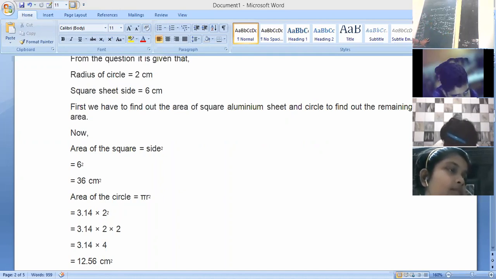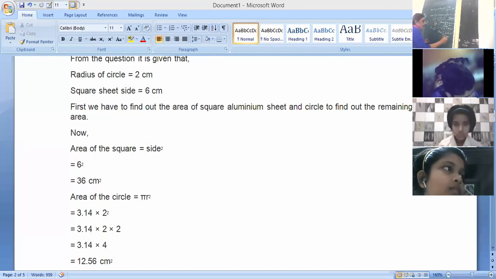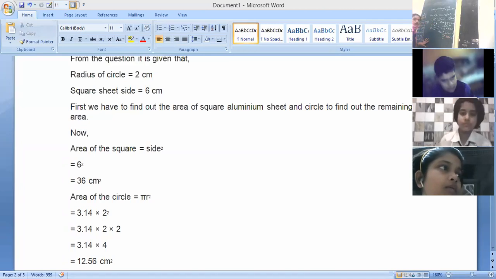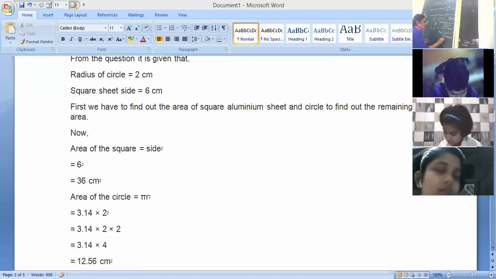The value of pi is given 3.14. So 3.14 and radius is 2 centimeter. So we'll be writing 2 into 2 because this is r square. So 3.14 multiply 2 into 2, that is 3.14 multiply 4. Multiply it. How much will we be getting?